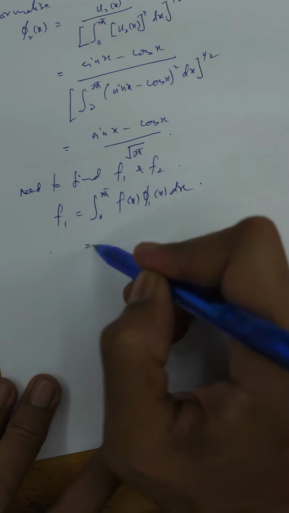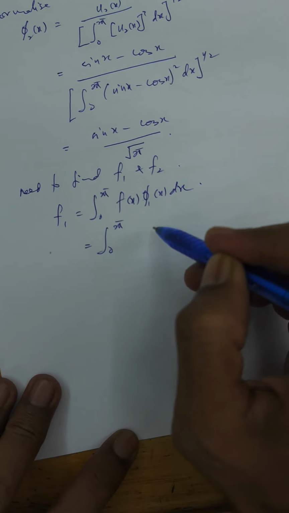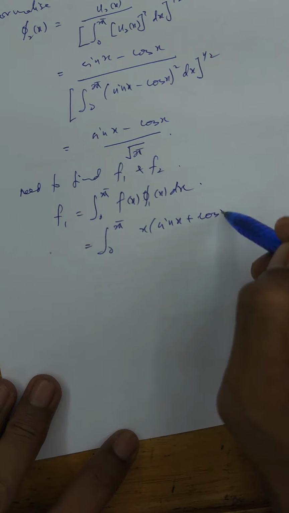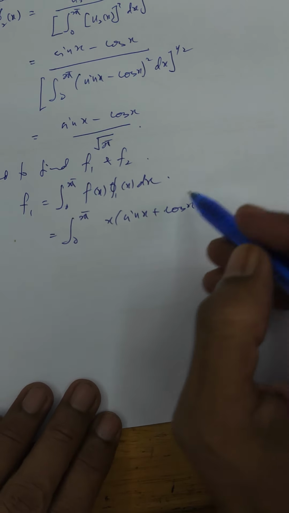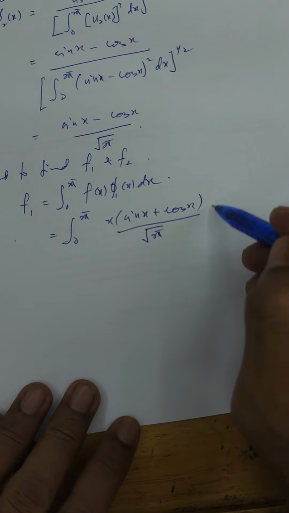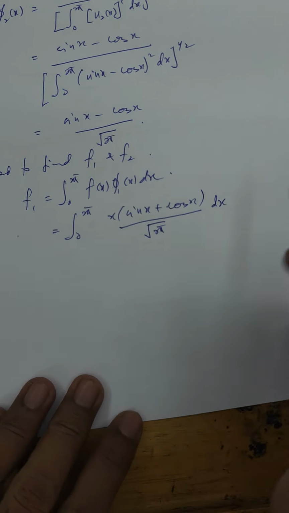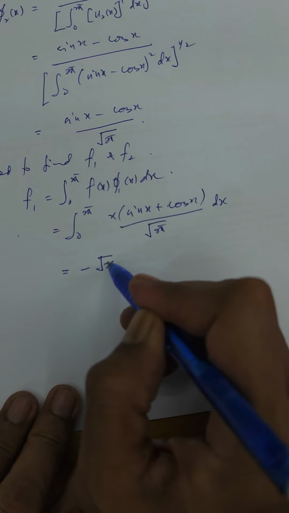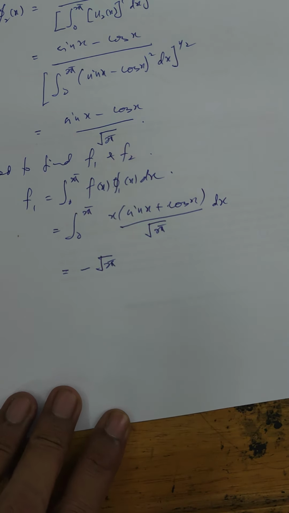That gives you the integral from 0 to 2 pi of x (sine x plus cos x) over square root of 2 pi dx. Again, you can solve this. I just give you the solution for that. That gives you negative square root of 2 pi.